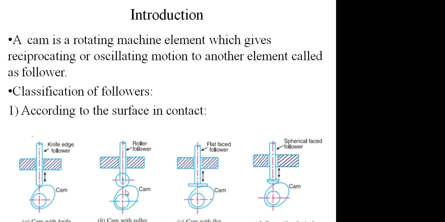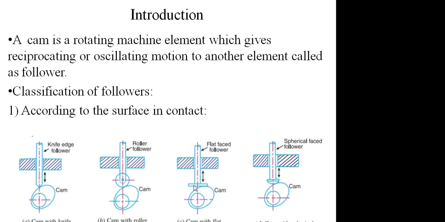So there is less wear in the mechanism with a roller follower. But because of this roller, axial thrust acts on the follower. To reduce that axial thrust, instead of a roller, a flat face is provided at the end of the follower, so that the axial thrust is reduced.